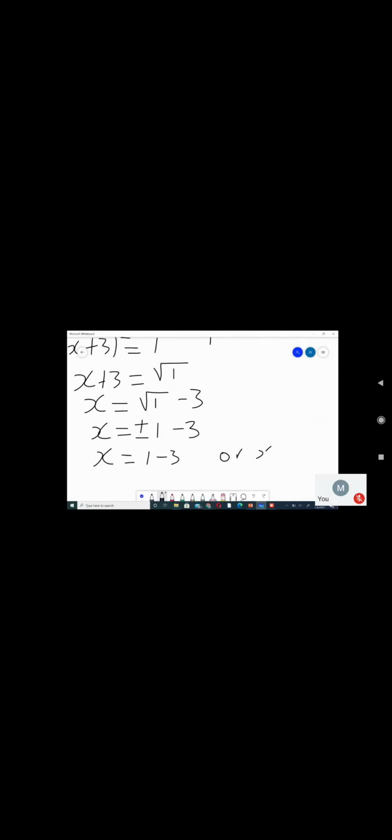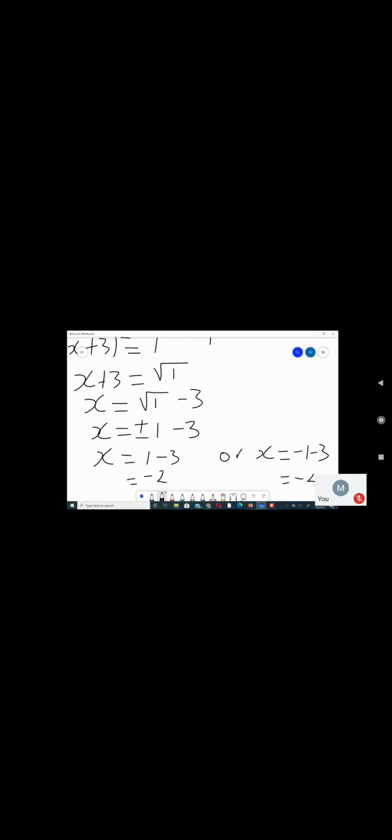And then we can separate them. So we can say x equals 1 minus 3 or x equals negative 1 minus 3. 1 minus 3 equals negative 2, and negative 1 minus 3 equals minus 4.